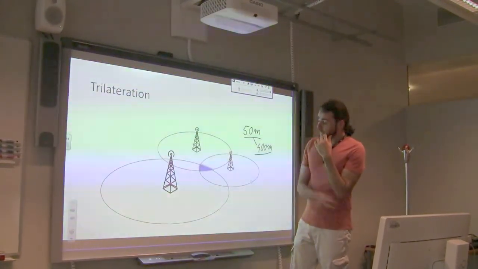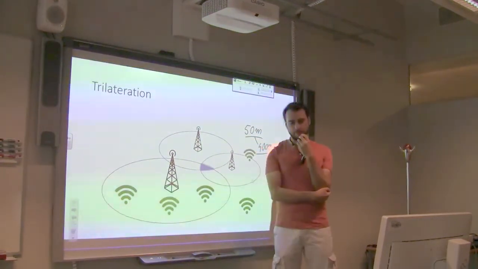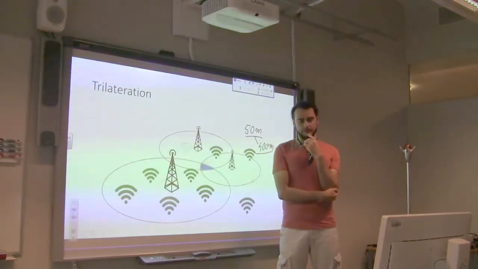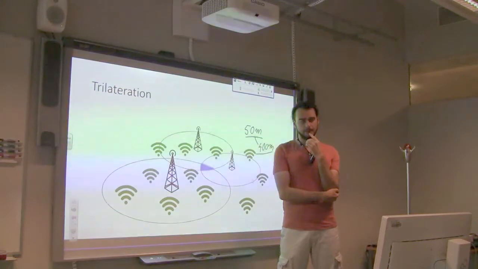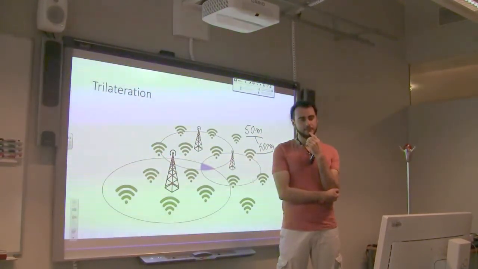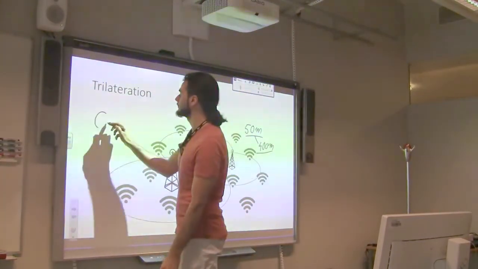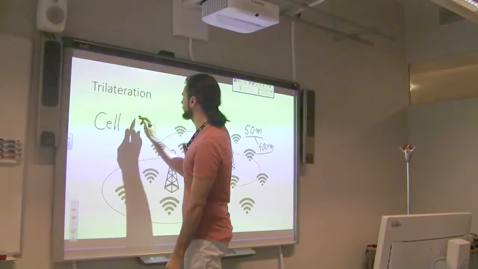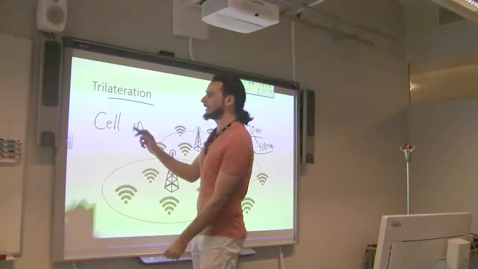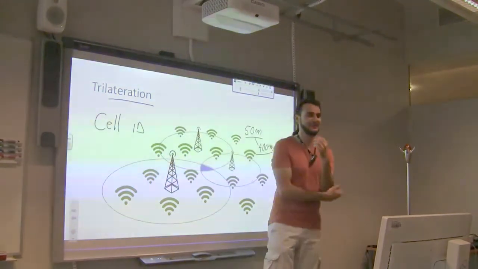Now, how to improve this? There is a relatively new technology, appeared maybe 10 years ago, and this is called cell ID positioning. By the way, trilateration is actually how you find the location, it's not triangulation.